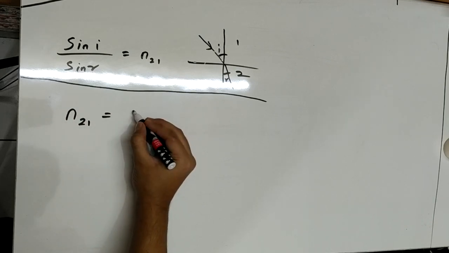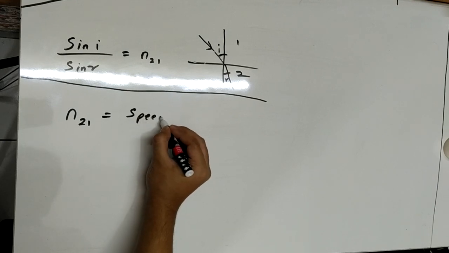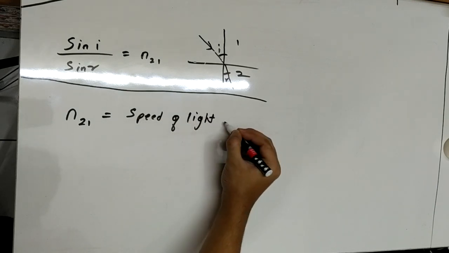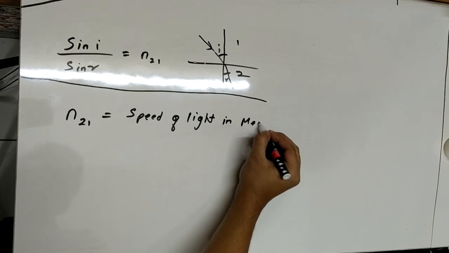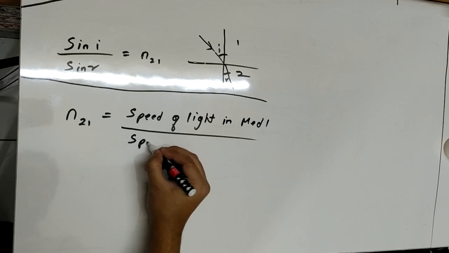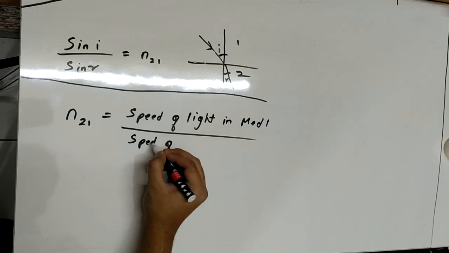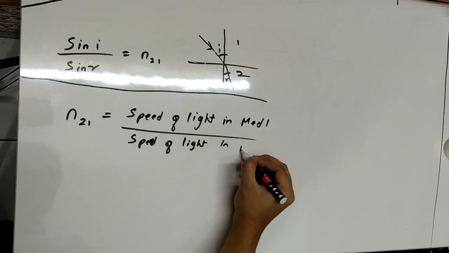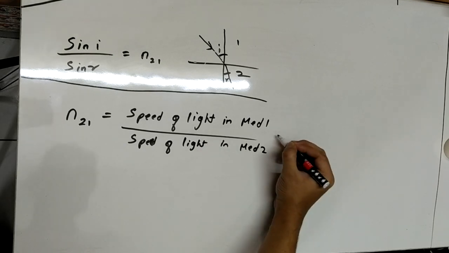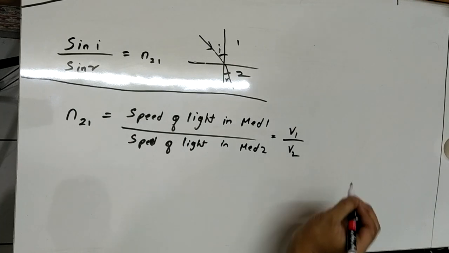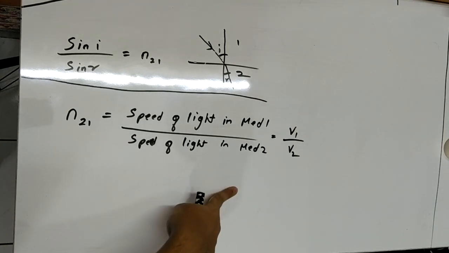n21 is equal to speed of light in medium 1 divided by speed of light in medium 2, is equal to v1 by v2. This is one more formula.